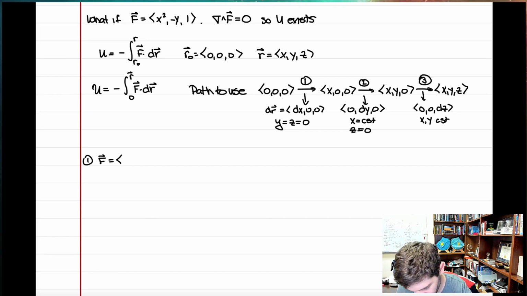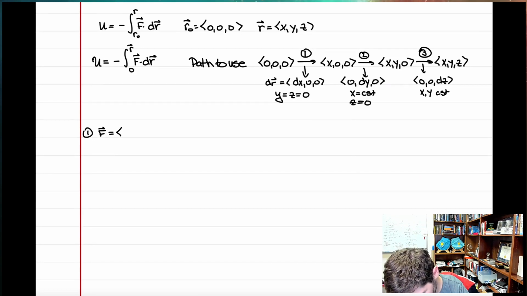Maybe I'll draw it real quick just so you can visualize this. If this is the x direction, the y direction, the z direction, and you're going out to some arbitrary point, which is located at some x, y, and z value, or whatever those values are.